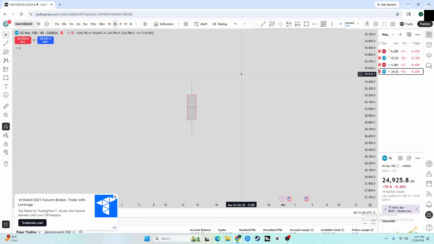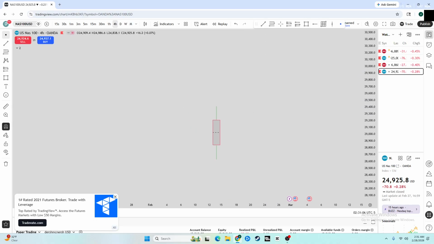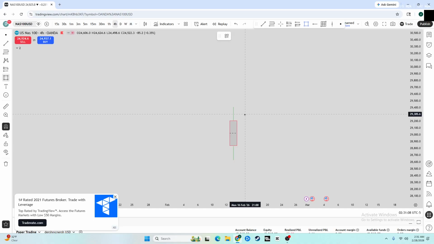So we're going to use this example for both of them. So you have another candle just like that, and you'll have another candle.